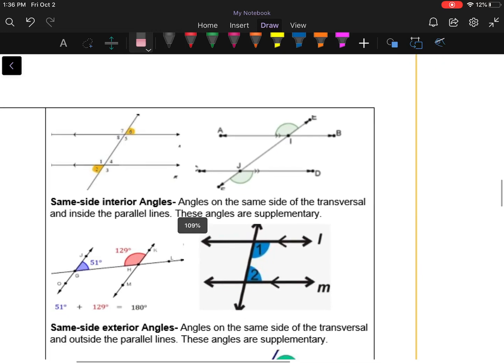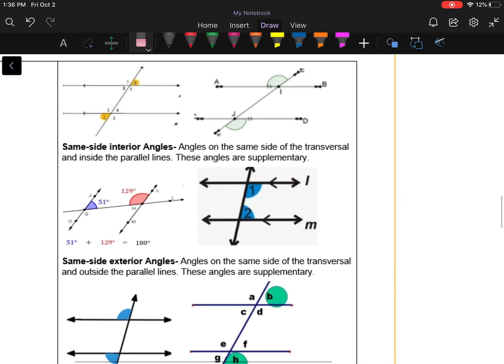Now we're getting into the same side. The way I always remember which ones are which: all of the properties or theorems for these angles are congruent except for the same side ones. The way I remember is same side is supplementary.